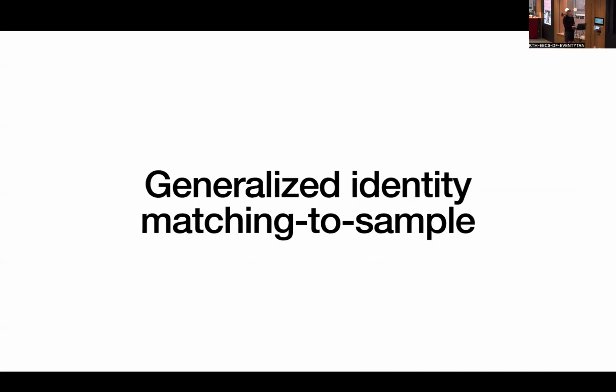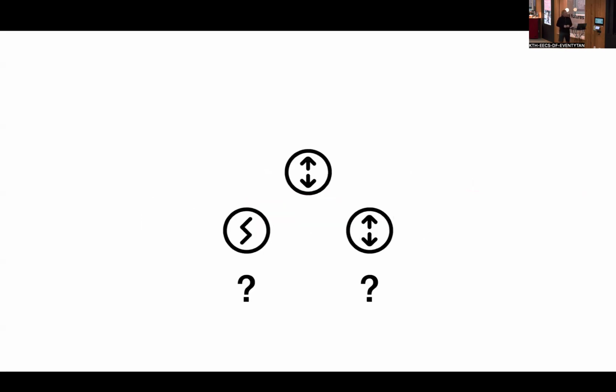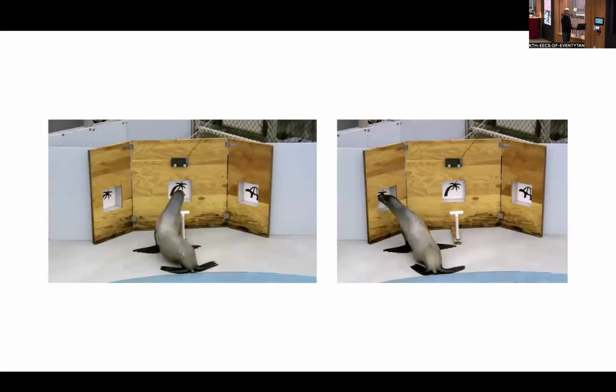But generalized identity matching to sample is really to respond to this situation with symbols that you have never seen before. Then you have to act on the relation between events, so to speak. So given the history of learning identity matching with these symbols, I could predict, for example, that I need to act on the relation between the top symbol and the right symbol to pick the same.